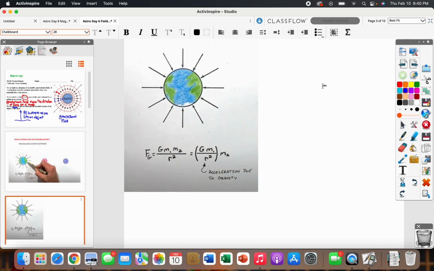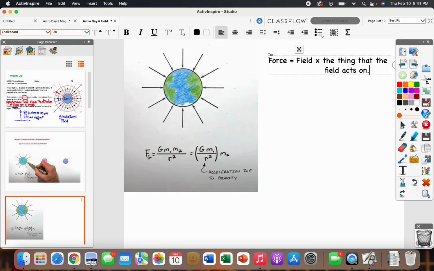But what we're trying to see here is that we can say that the force is equal to the field times the thing that the field acts on, right? Maybe that makes sense.